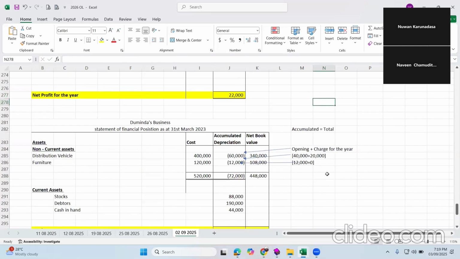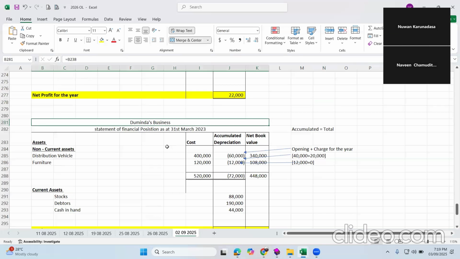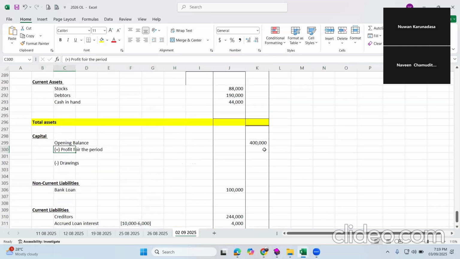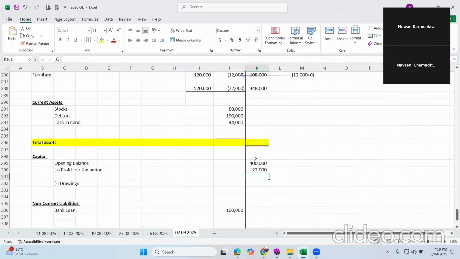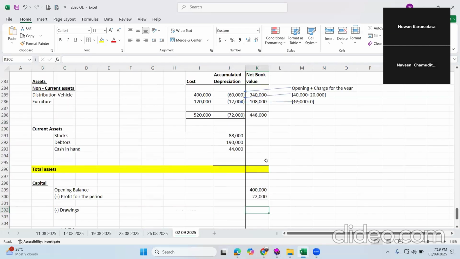This is a sole proprietorship business having one owner, Duminder. That net profit, 22,000, will be added to the capital of the owner here. Then we can balance this statement of financial position, right? We'll see whether it's balancing.